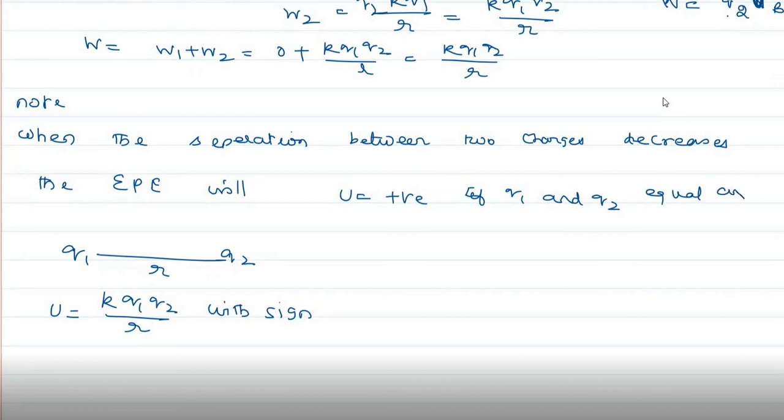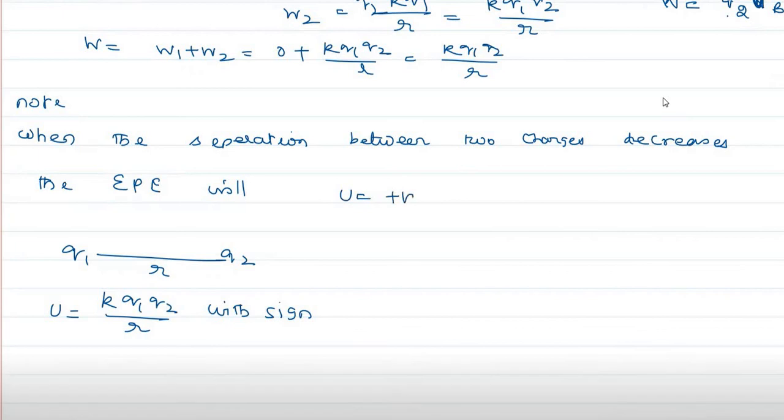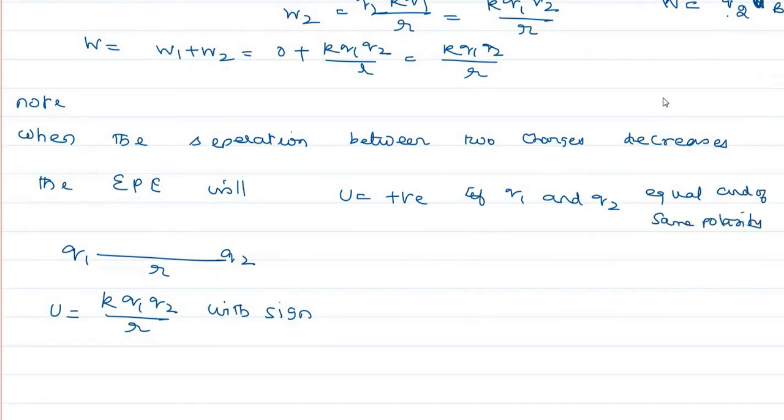And with sign you need to consider, right? So U will be positive when? If Q1 and Q2 are of same polarity. What is the reason? The Q1, Q2 product, plus plus, or minus minus, will become plus.